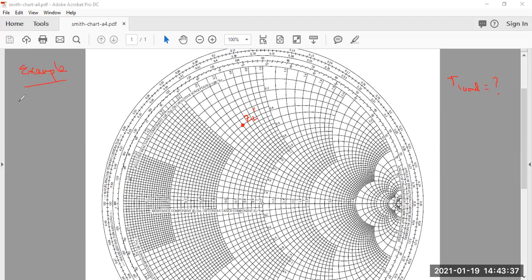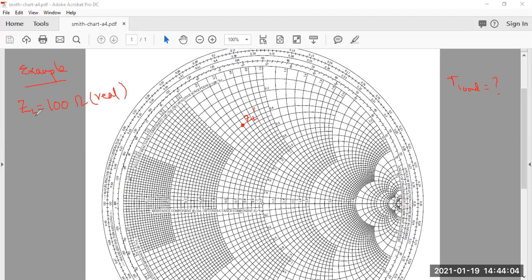If it's given to you that ZL is some kind of a real load, so it has only a real part. As an example, let's consider that ZL is given to you and its value is 100 ohm. So you can clearly see this is an example of a real load.